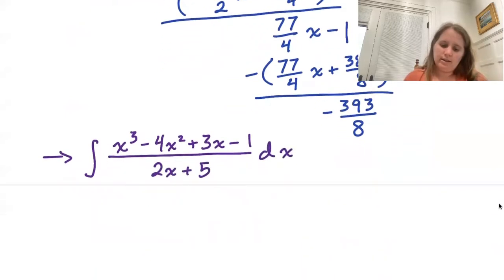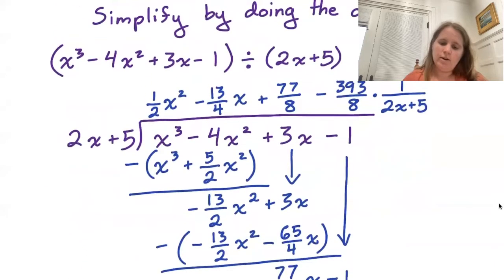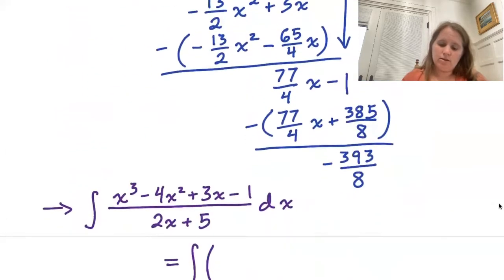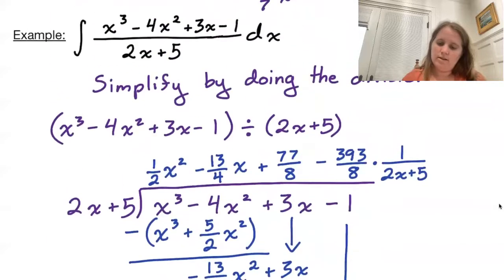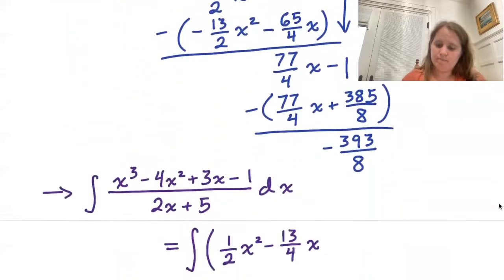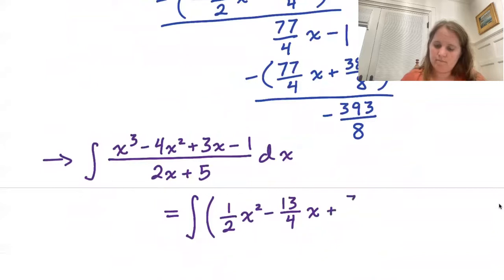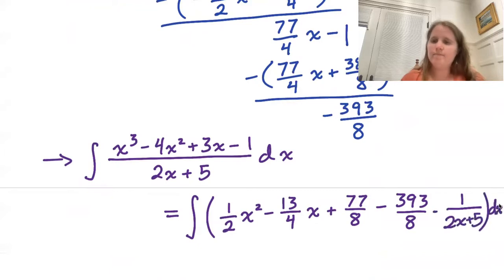This is precisely the same thing as taking the integral of 1/2 x squared minus 13/4 x plus 77/8 minus 393/8 times 1 over 2x plus 5 dx.